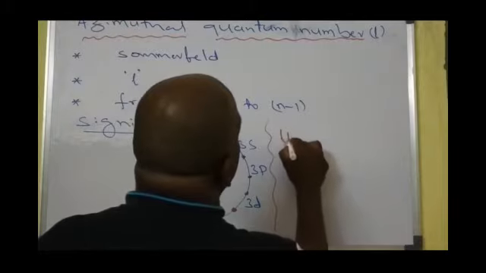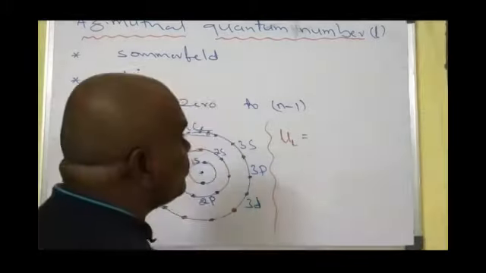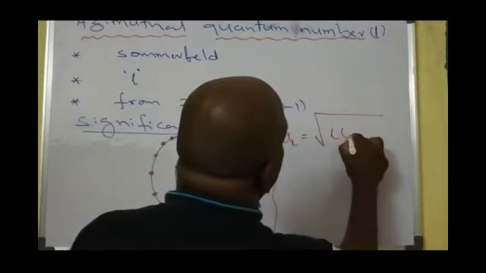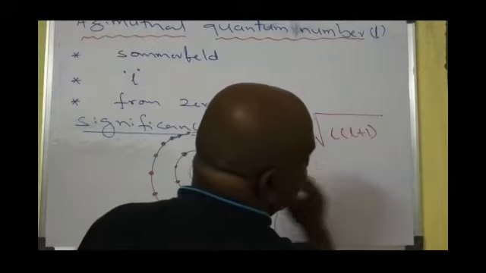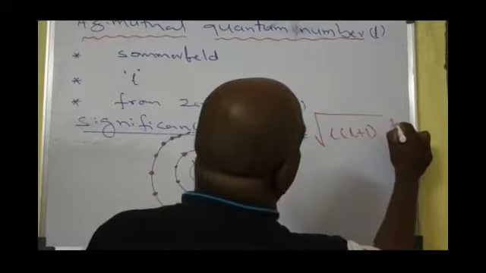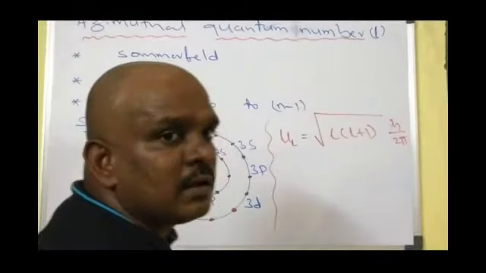That angular momentum is indicated as mu L. This mu L is equal to the square root of L into L plus 1, and h by 2π. This is the formula.